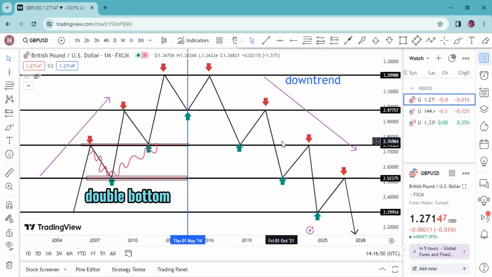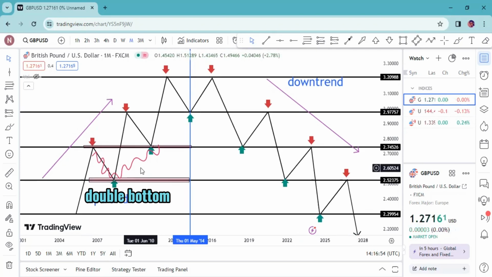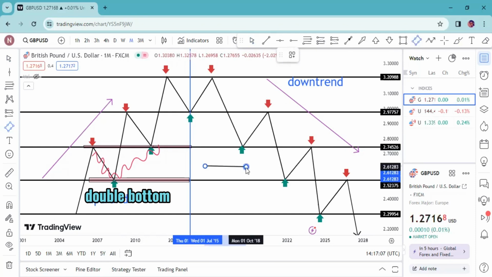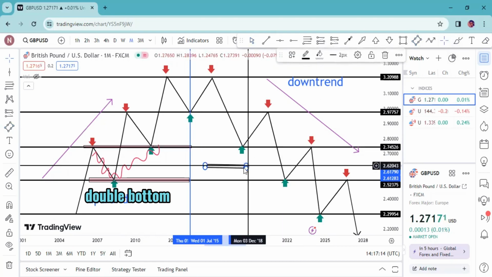And how do I mark up on a lower time frame? Higher low, higher high, or lower low, lower high. Now I will take something here, a straight line. I'm not sure if this one is a straight line. Let me confirm.